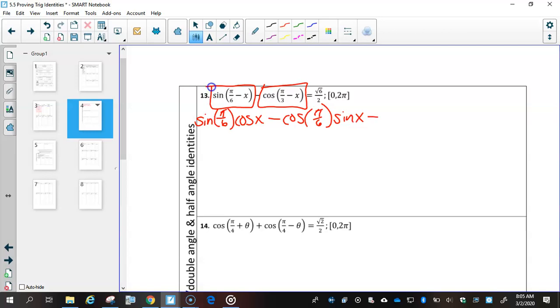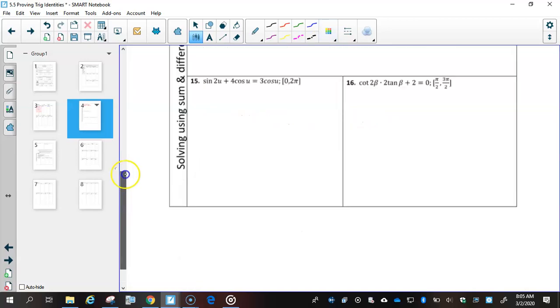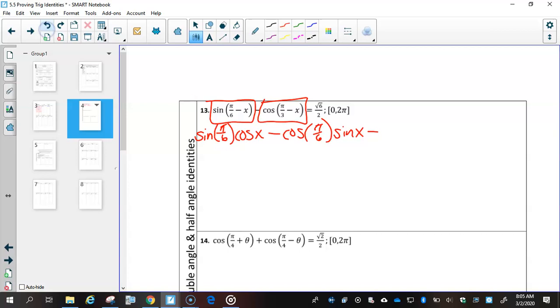Then I'm subtracting. So for cosine, cosine comes first. It's the opposite sign. Sine comes last. And then equals root 6 over 2.